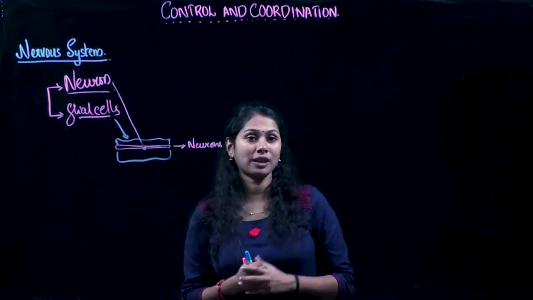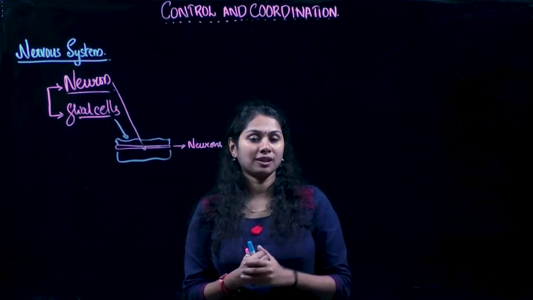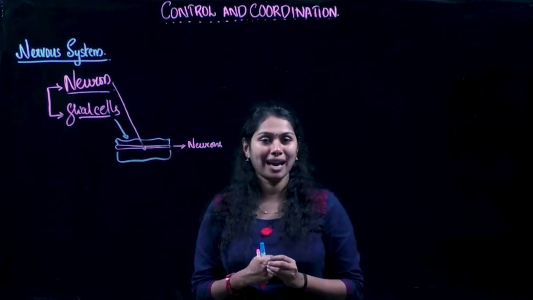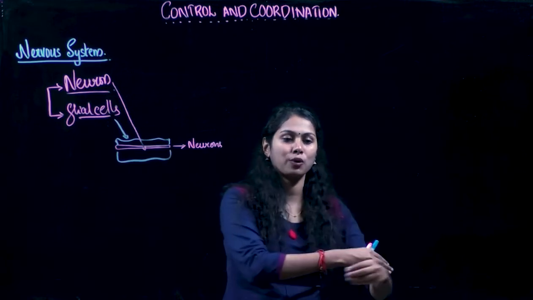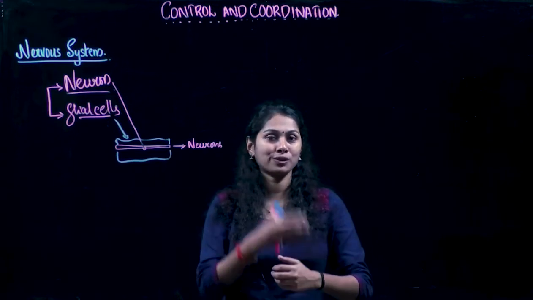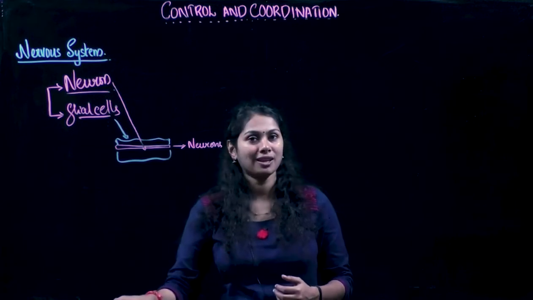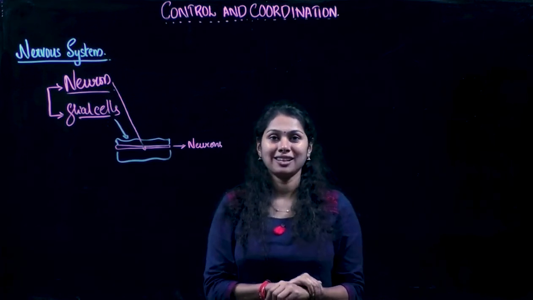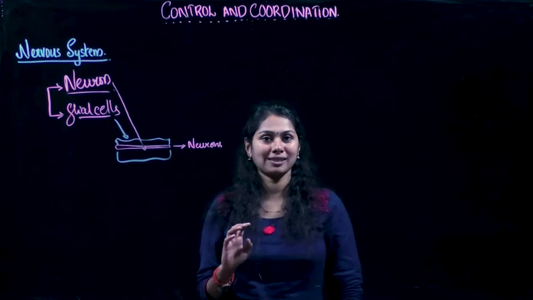That's why when a person meets with an accident and some part of the brain gets damaged, the whole part of the body gets paralyzed. They won't be able to move. Why so? Because the neurons are damaged and there is no formation of new neurons in that region. That's why this part gets paralyzed.